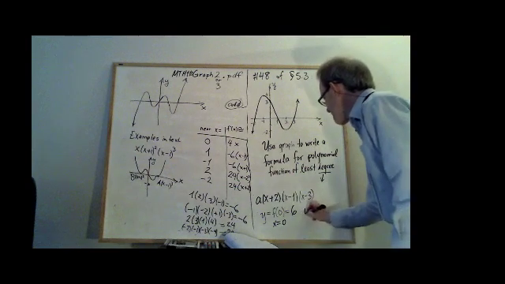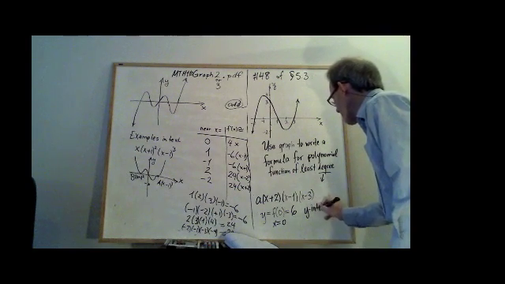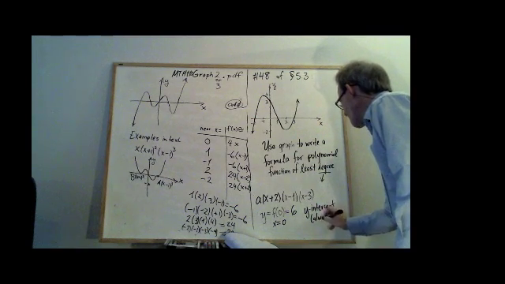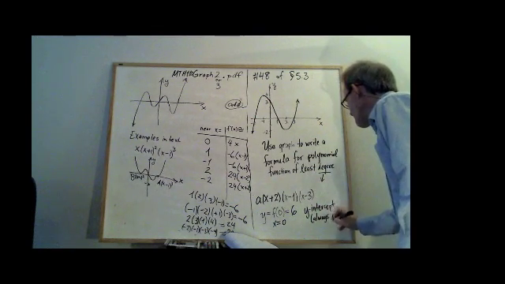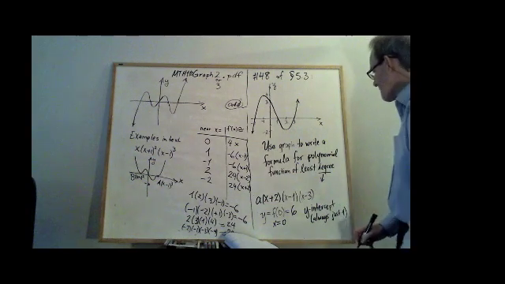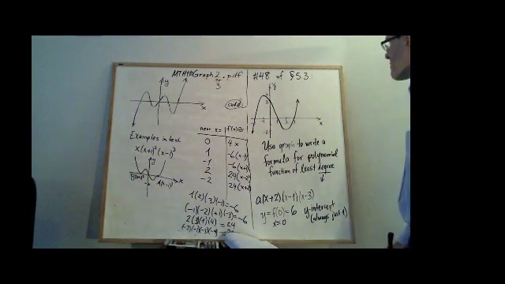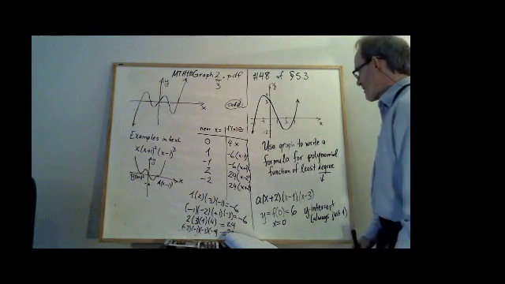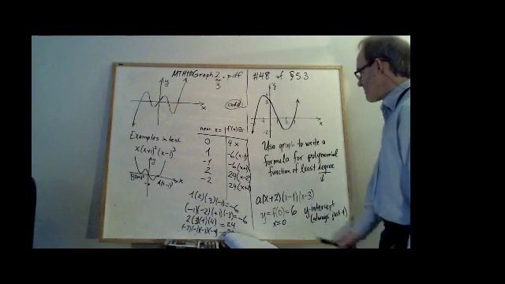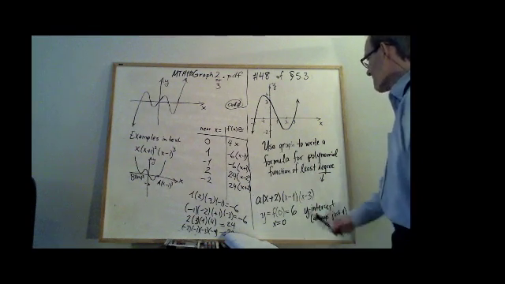Okay, this is the y-intercept. There's always just one, because each value of x gives you exactly one value of y.